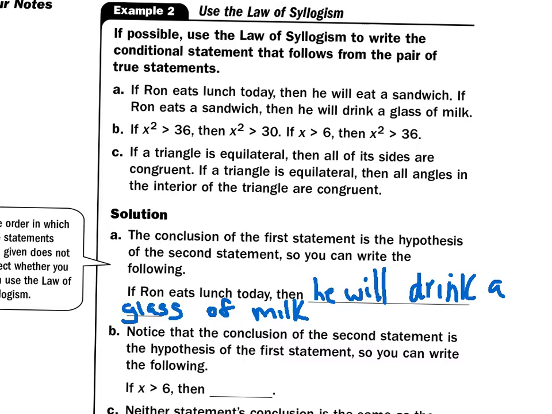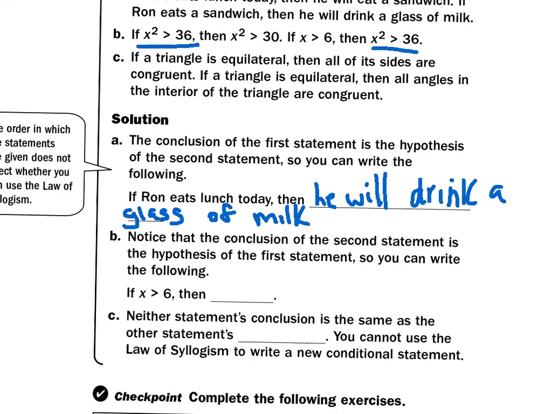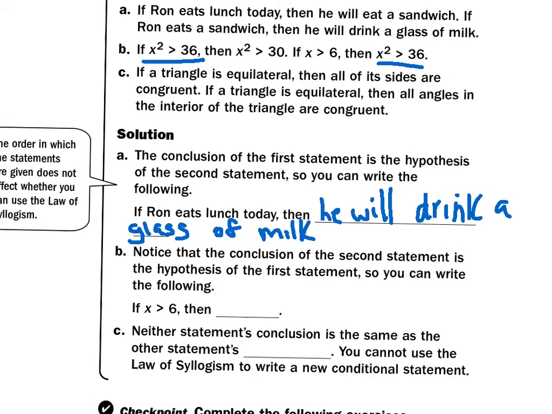So we can write these together and take out the ones that match. So we can say that if x is greater than 6, then x squared is greater than 30.